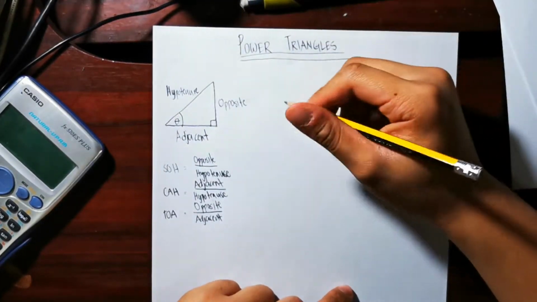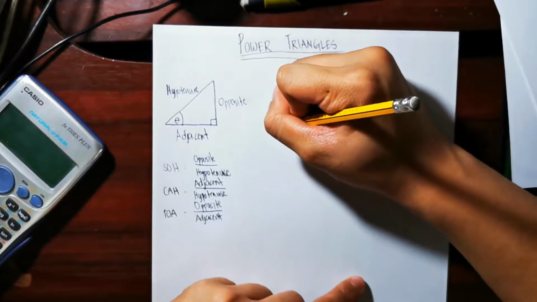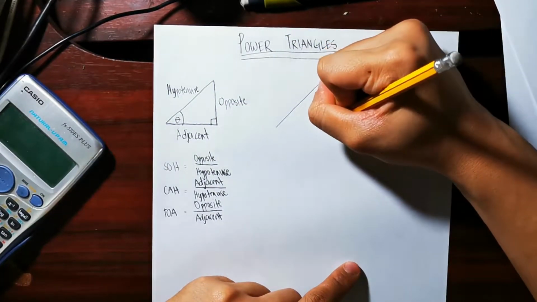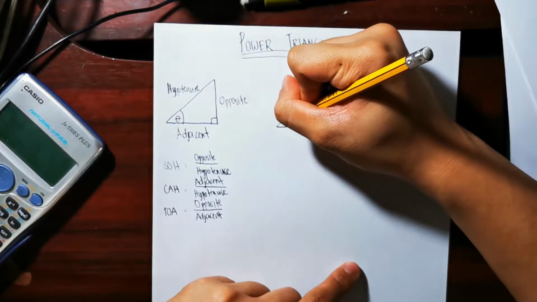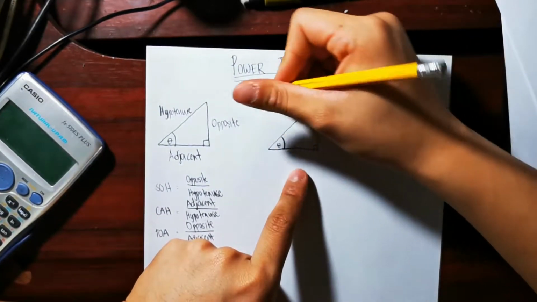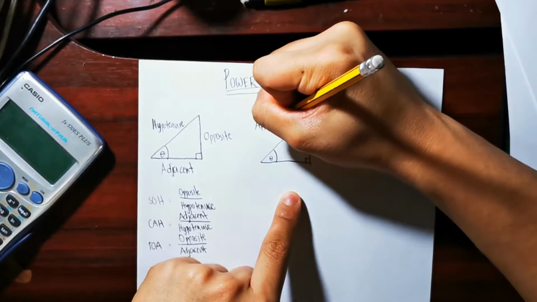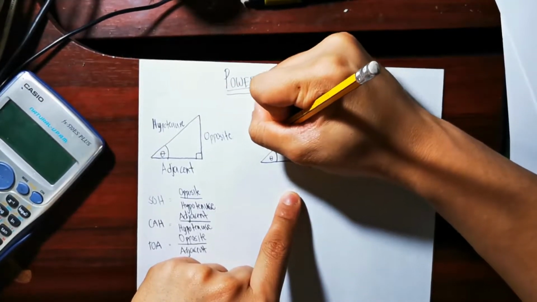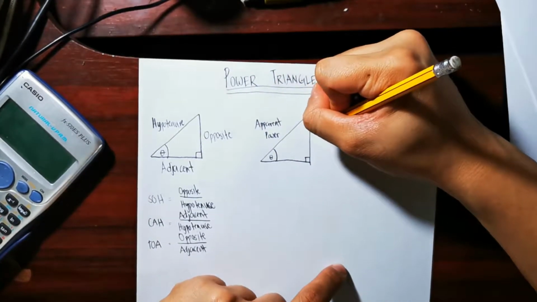Okay, so we can relate this to our topic. This is what a power triangle is like. This side is called our apparent power, and this side is known as the reactive power.